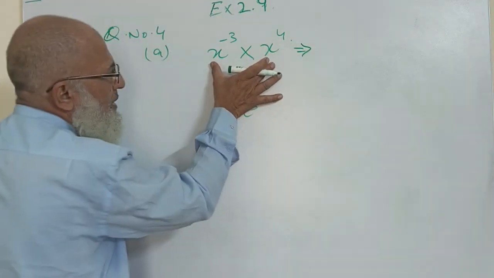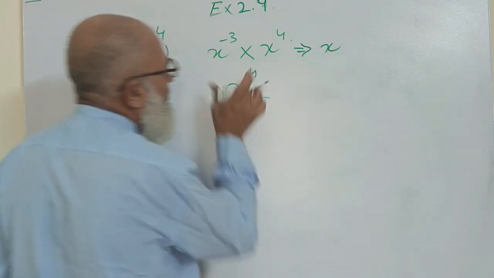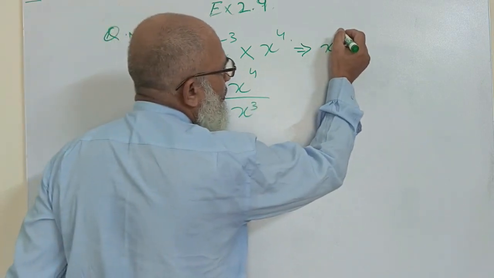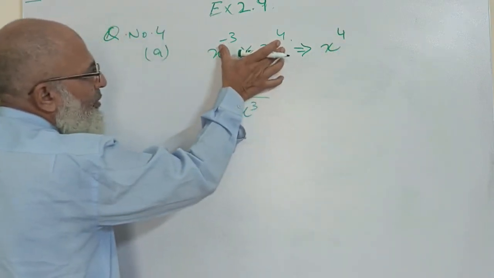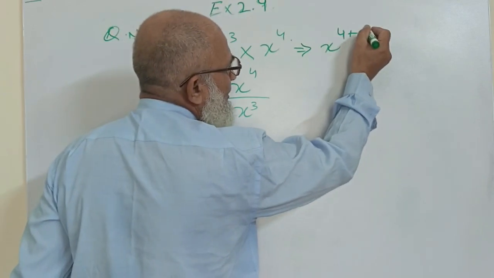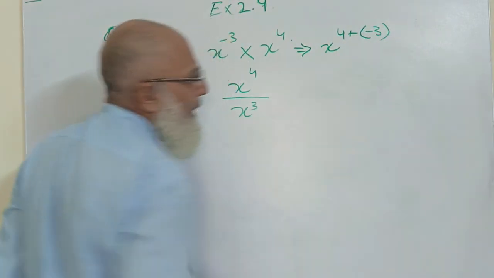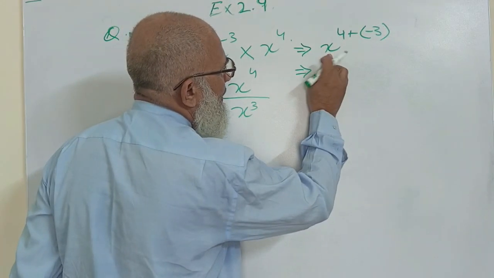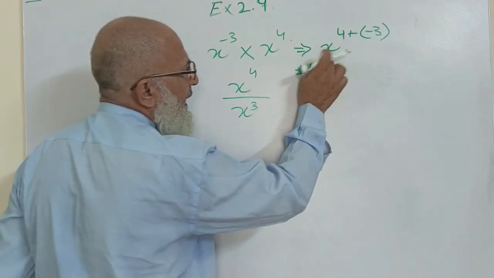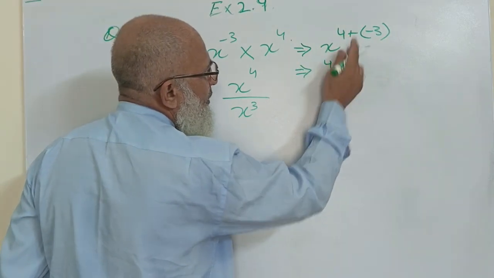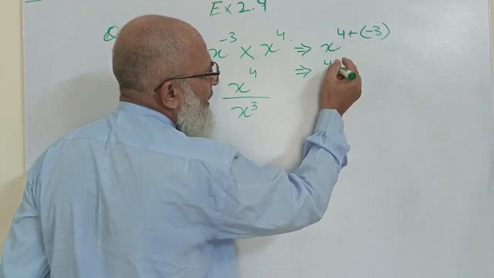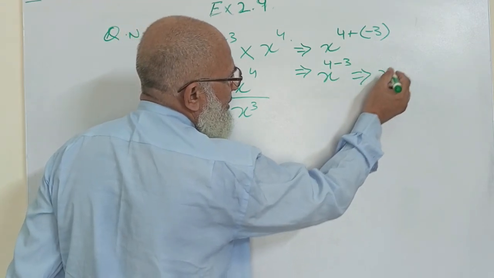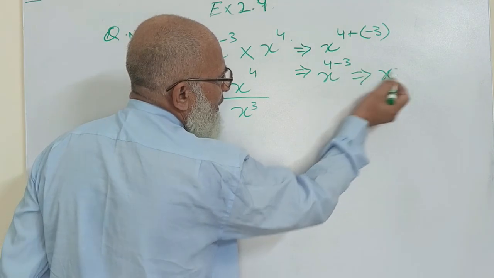The bases are the same, write one of the two and add both of the indices. So x, positive multiplied by negative is negative. It will become x only. 4 minus 3 is 1.